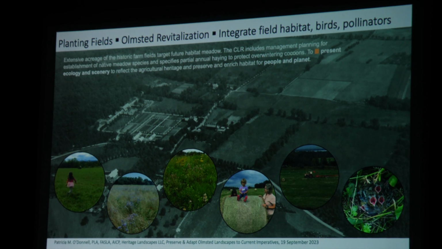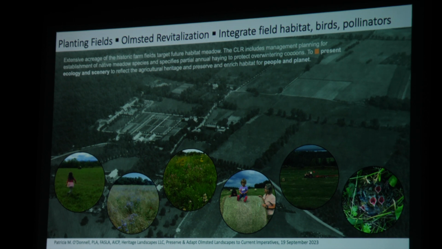So a part of the process at Planting Fields was to integrate field habitat for birds and pollinators. When you have a productive landscape historically, you can manage that in the future as meadows, native grass, and wildflower for pollinators and birds. Planting Fields is on the Atlantic Flyway.